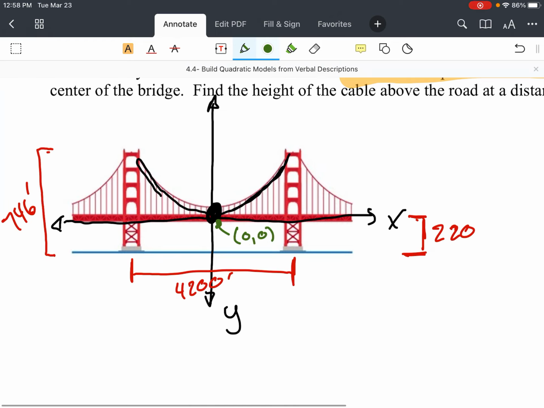I'm going to call this our origin. So we're going to call this the point 0, 0. In other words, the height of the cables is 0, and it's equidistant between the two towers.